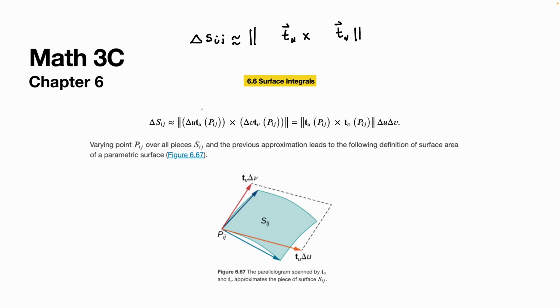And then we need to relate that back to a change in u's, so that's going to be a delta u, and a change in v's, so delta v. And then doing this out, we can see that these are just scalar quantities, so we can pull out delta u, delta v. And then we're just left with taking the norm of the cross product of the two tangent vectors.